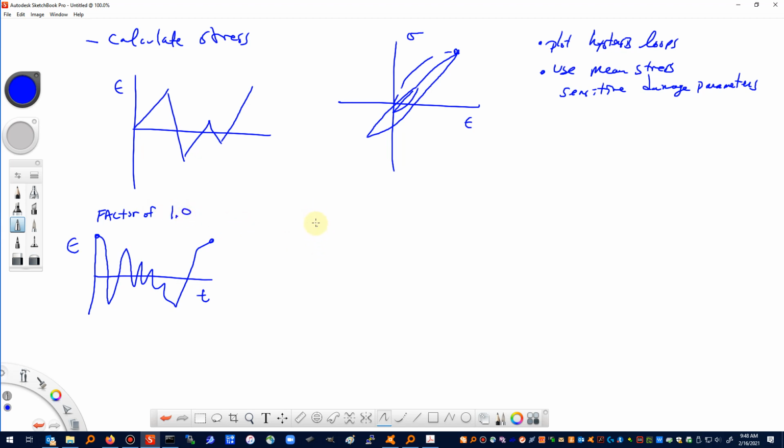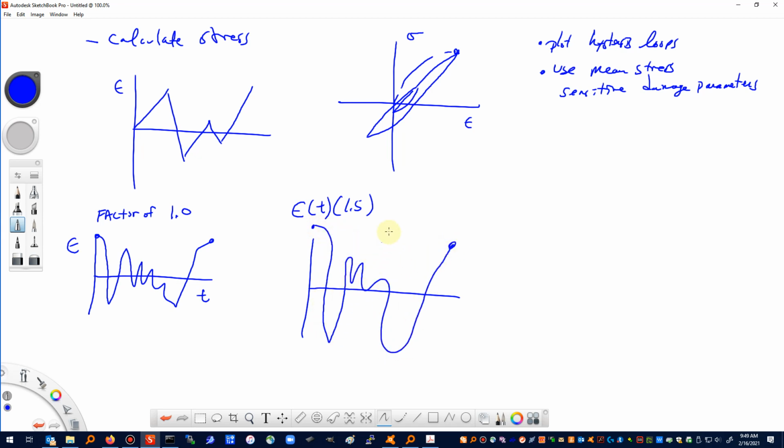But what you might do is you might multiply the entire strain history by another factor, maybe 1.5 or 2 or 3, and so you can increase the strains substantially, whatever that time history looks like. And then you can calculate the fatigue life, so you can see what changing the load factor does to the fatigue life. And this is kind of severe when it's on strain, but it can be probably more useful when it's on stress.